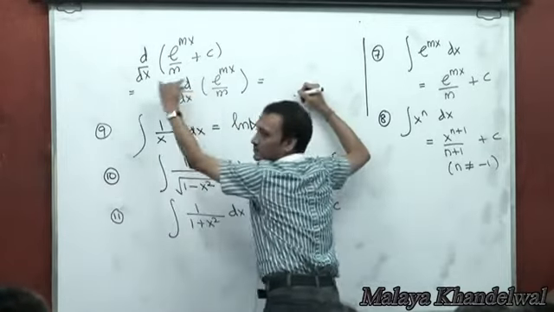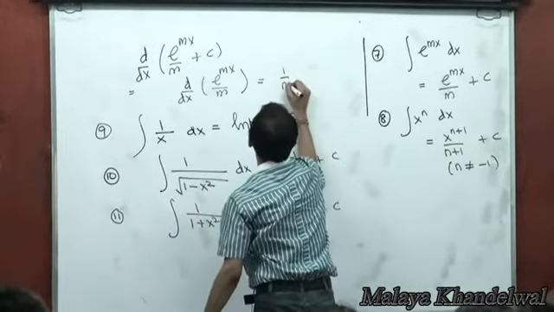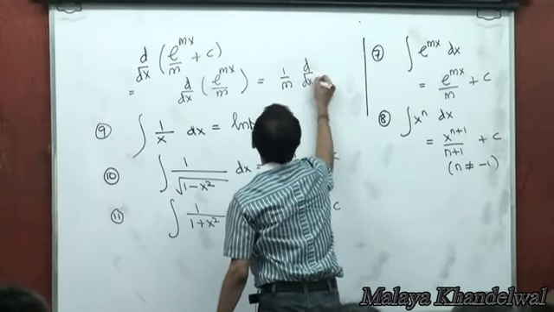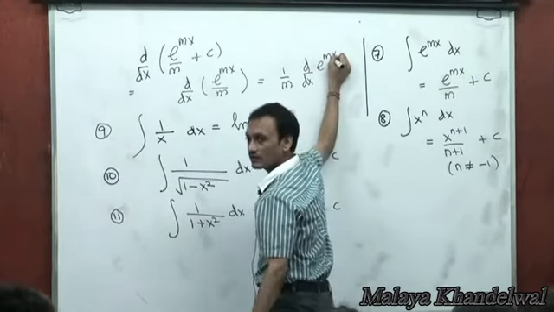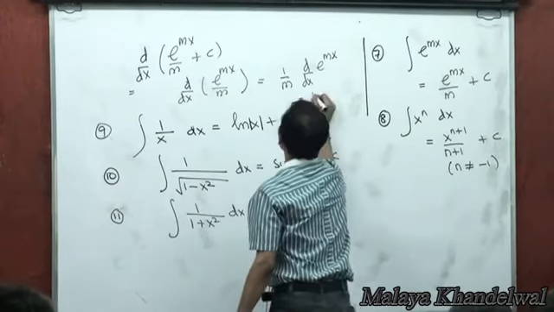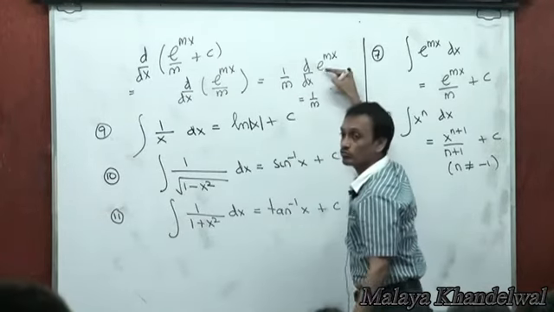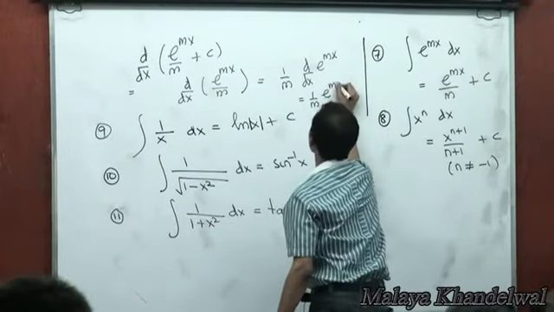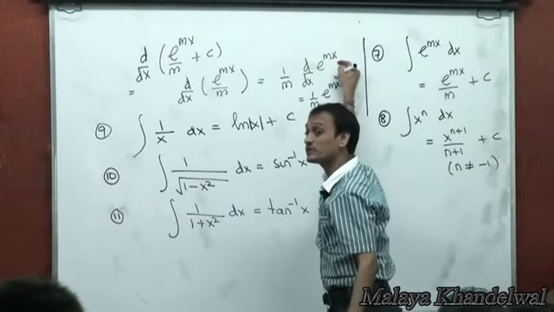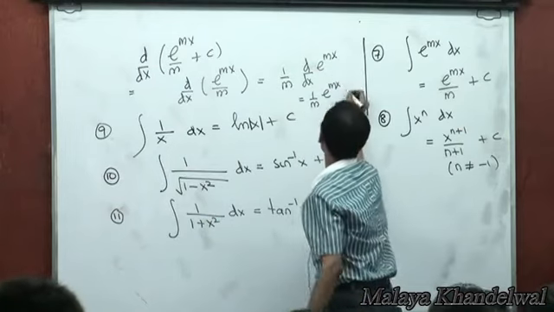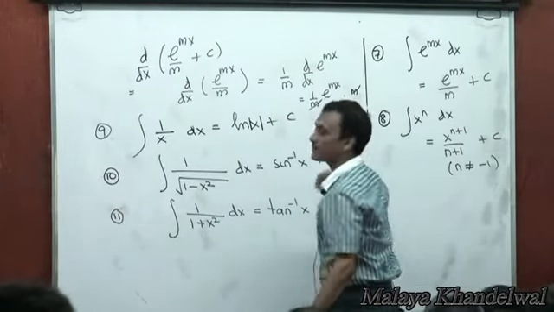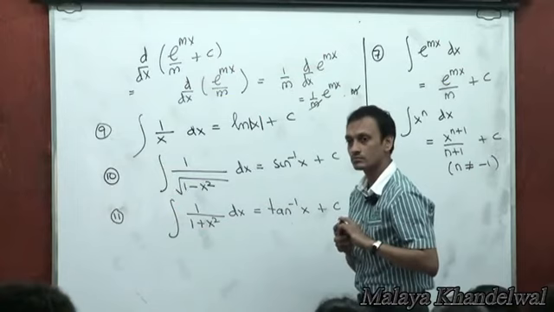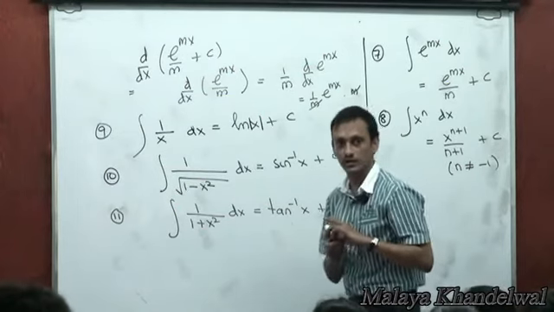Now, this 1 by m comes out, d/dx of e power mx. Now, chain rule. Outermost is e power, so that's e power mx. Then innermost is mx. mx with respect to x will give me m, which makes it e power mx. Right?